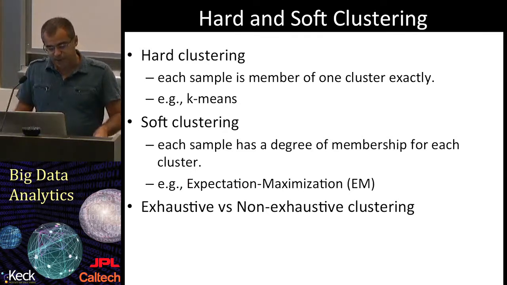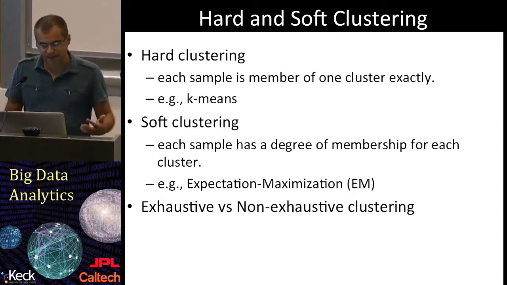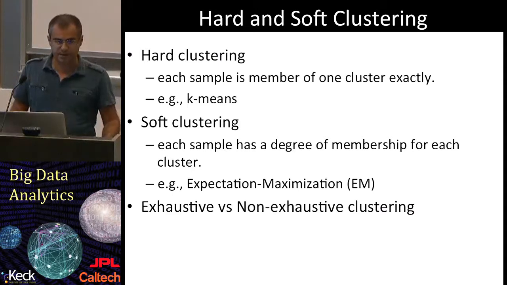Some researchers also distinguish between exhaustive clustering that assigns each sample to a cluster and non-exhaustive clustering, where we can have some samples that don't belong to any of the clusters. And that can be useful, for example, for outlier detection.